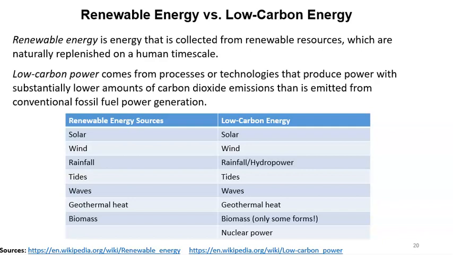So first, we have renewable energy. Now this is energy collected from renewable sources, and that means these sources can be naturally replenished, so replenished by natural processes on a human timescale. And on the left side you see the major sources here. It's of course solar, wind energy, biomass, and different water energies, and also geothermal heat.